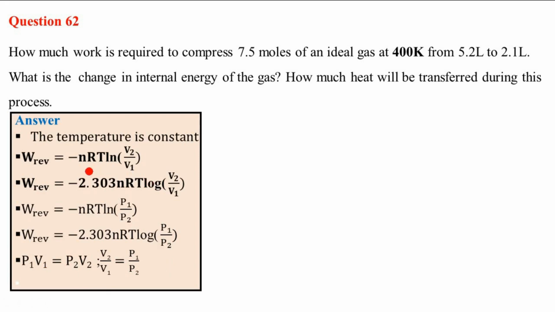The one we have highlighted in black has the final volume and initial volume that were given in the question: the compression from 5.2 liters to 2.1 liters. That means we have the initial volume and the final volume. You can use this formula.